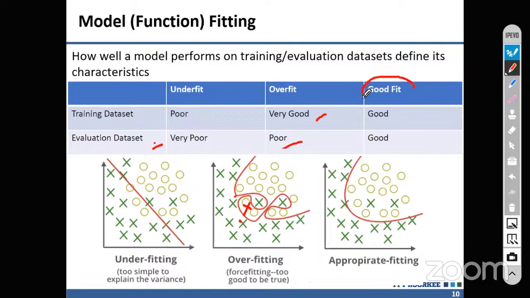So we do not want very highly accurate or overfitted models. We need a good model which shows good results in the testing data. This is what we want.